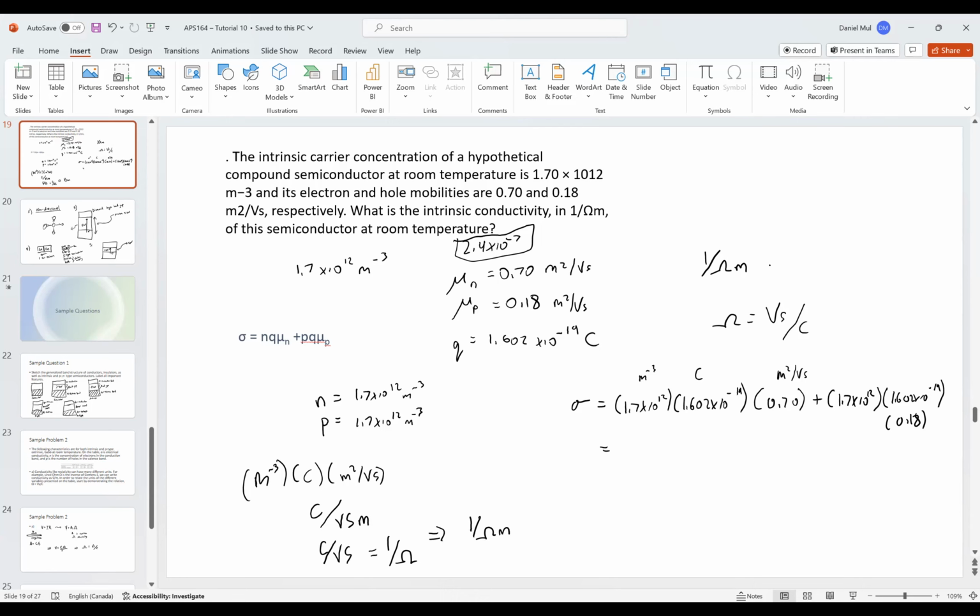Can you check if this just comes out to 2.4 times 10 to the minus 7? Check on my calculator too.